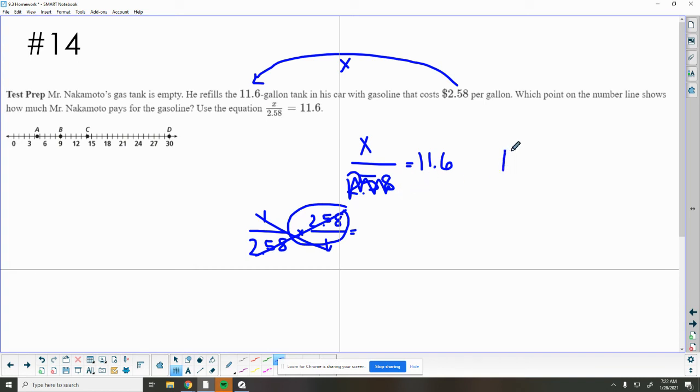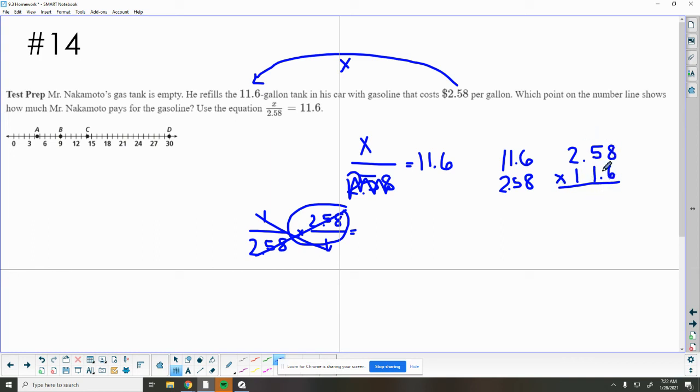So we want to take 11.6 and multiply by 2.58. I actually think I want to rewrite this problem and do $2.58 multiplied by 11.6, just because multiplying by ones a couple times is going to be simpler than doing it the other way. It will give us the same answer because of the commutative property.